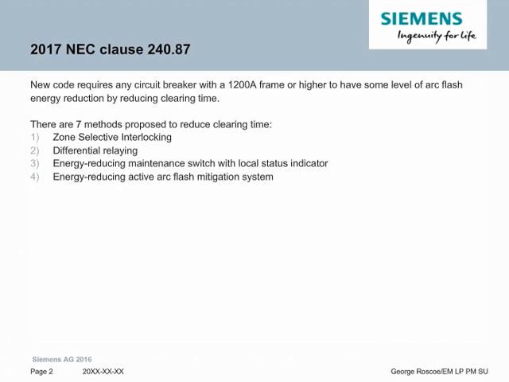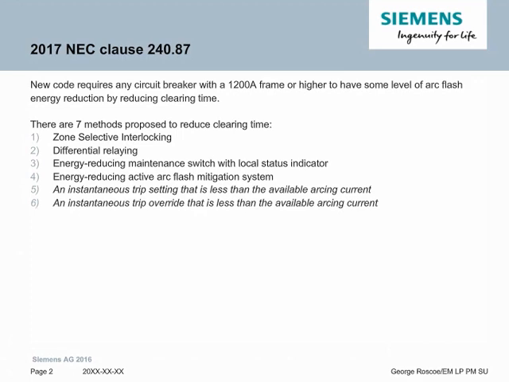The fourth is an active arc flash mitigation system. Think of this as an arc flash relay or some type of crowbarring system that will actually create a voltage fault to put out the arcing fault. The fifth, which is a new clause for NEC 2017, is an instantaneous trip setting that is less than the available arcing current.